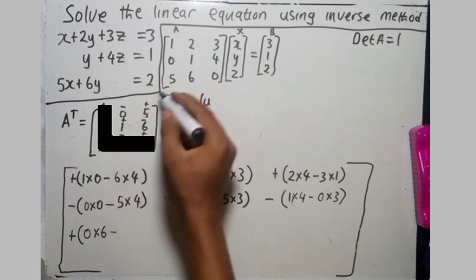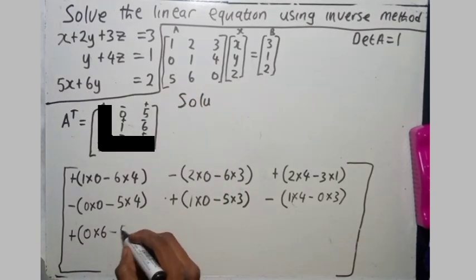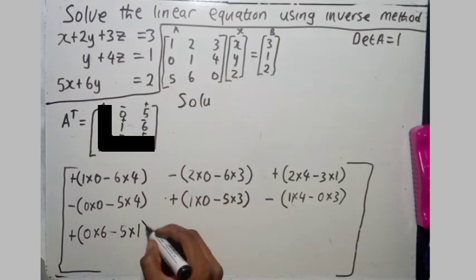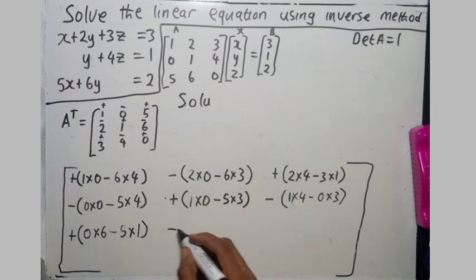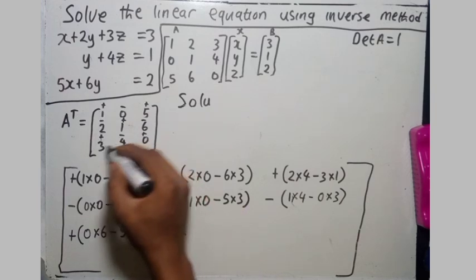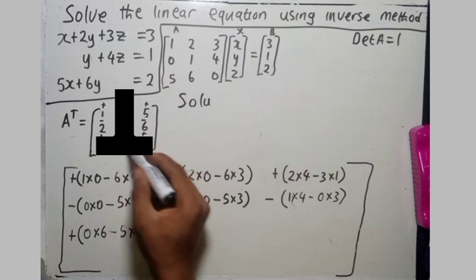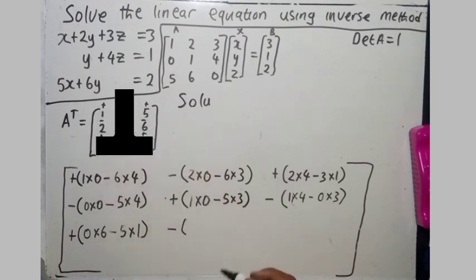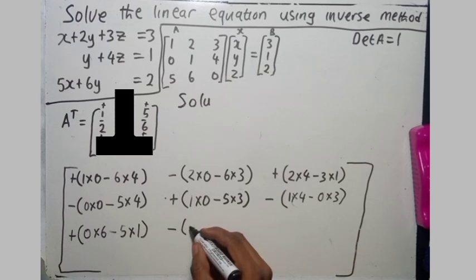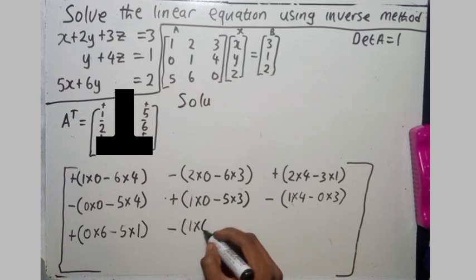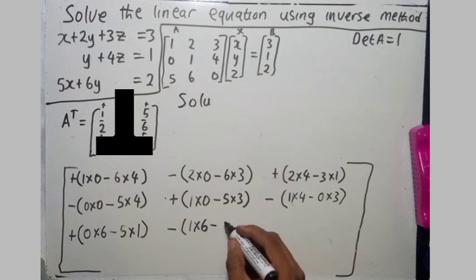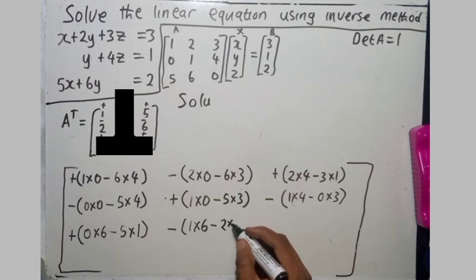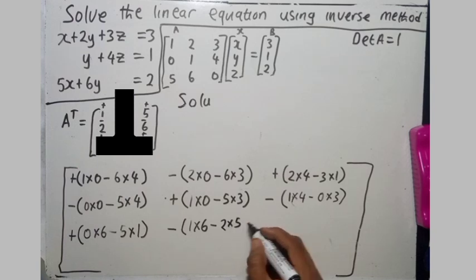We'll subtract from it the minor diagonal, which is 5 times 1. Then minus, in each row and each column, what is not there, we have 1, 5, 2, 6. So we'll have 1 times 6 minus 2 times 5.